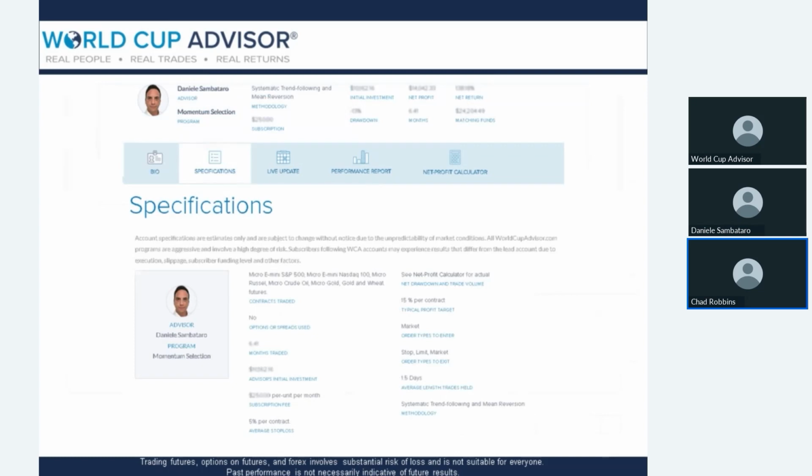This is going to answer a lot of questions many of you will have, like what markets is he trading? How long has he been using the momentum selection program in the World Cup Trading Championships, as well as what type of orders he uses to get in and out of the market, as well as more details that you'll want to go through there.